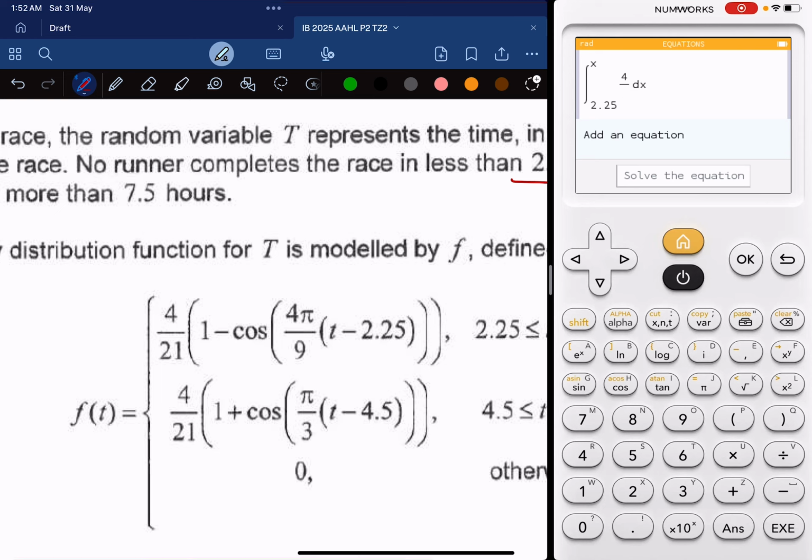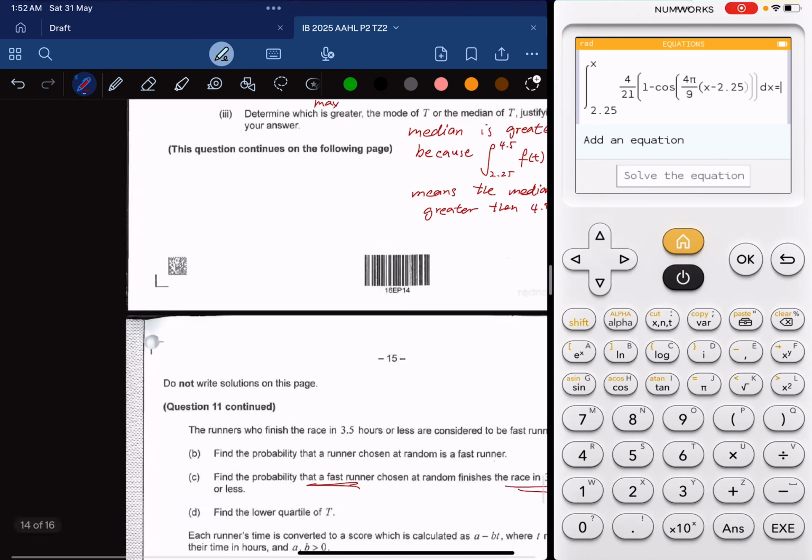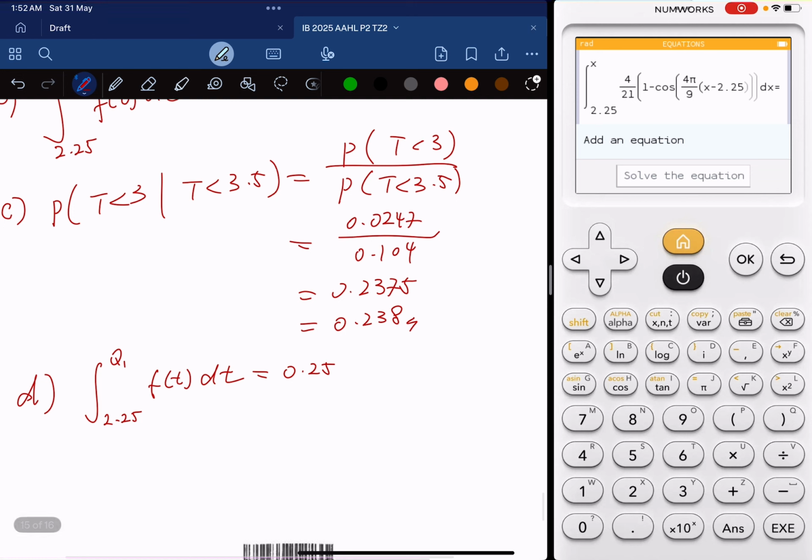So 4 divided by 21, bracket 1 minus cosine, 4 pi over 9, and then bracket x minus 2.25, and then just equal to 0.25.